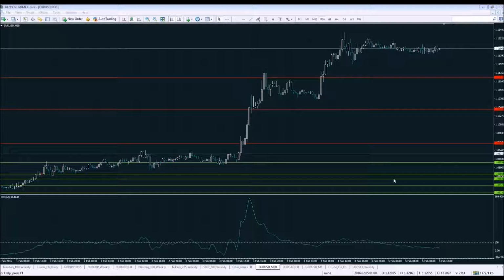Today, however, we'll be looking at 2 moving averages instead of 5, but we've added a slow and fast stochastic oscillator.